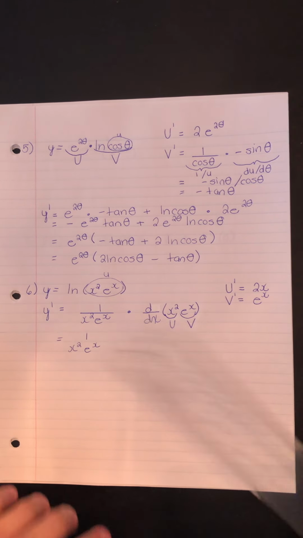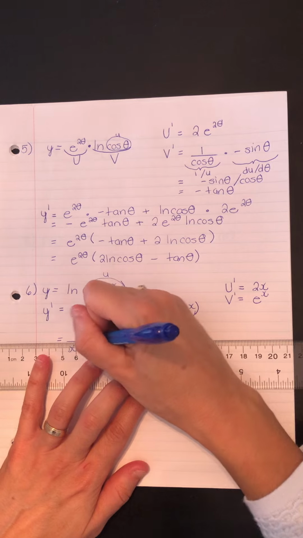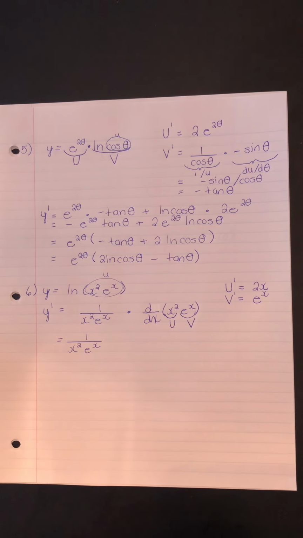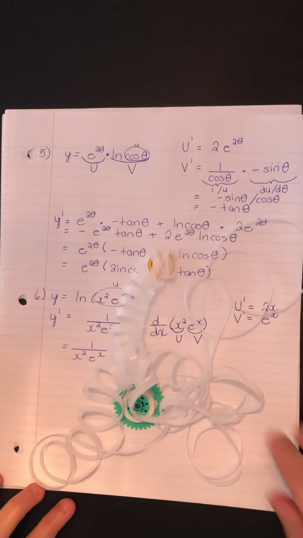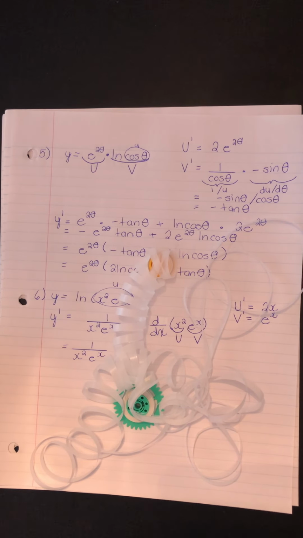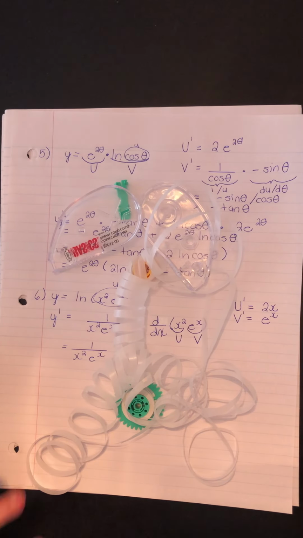So now I still have this portion in the front. That's 1 over u. Oops, I think I just broke my correction tape. Oh my Lord, I did. Just split apart. Oh, here, should I show you? Look what just happened to my correction tape. Oh my goodness, it's in pieces. Oh, this is a lot of pressure now. Do you know what this means? This means I cannot make any more mistakes.